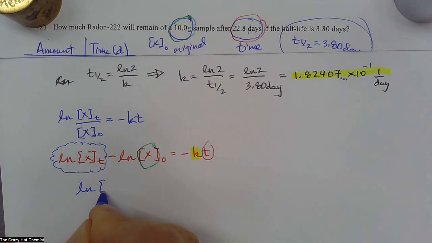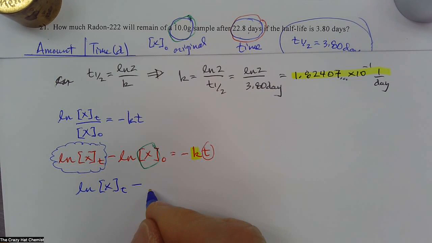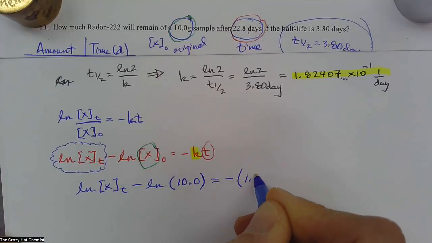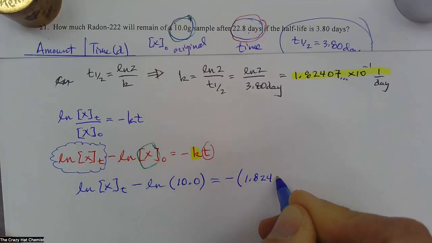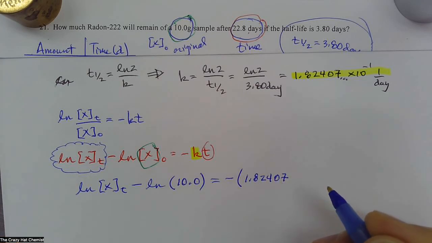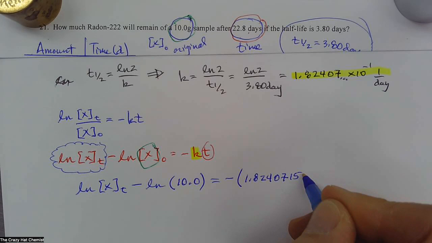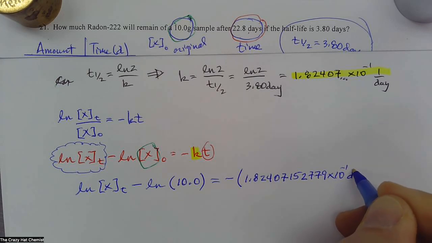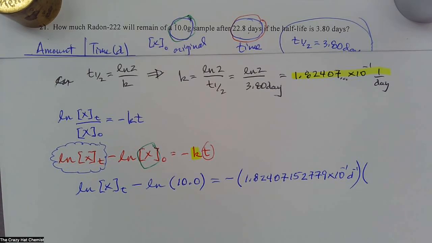So natural log of the concentration at time t minus the natural log of 10.0 is equal to negative 1.82407152779 times 10 to the negative 1 per day. And then we need to multiply by the total time, which is 22.8 days.